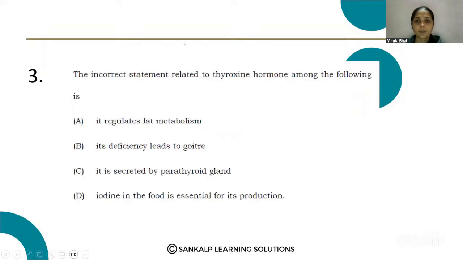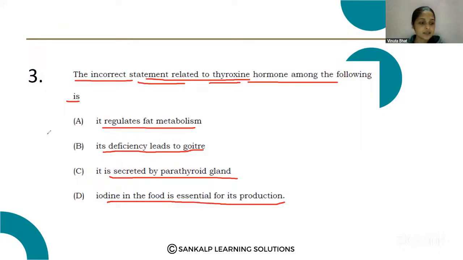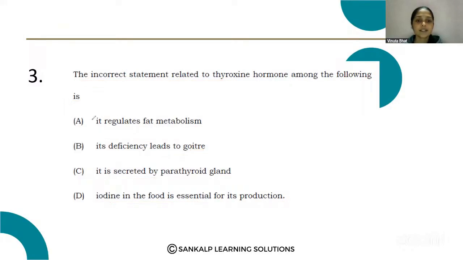Next question. The incorrect statement related to the thyroxine hormone among the following is: it regulates the fat metabolism; its deficiency leads to the goiter; it is secreted by parathyroid gland; iodine in the food is essential for its production. You have to find the incorrect statement.